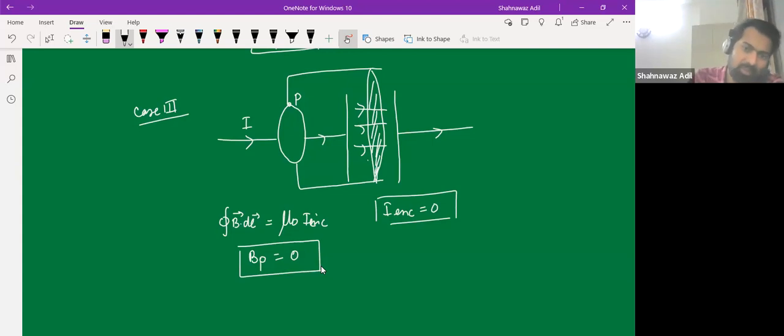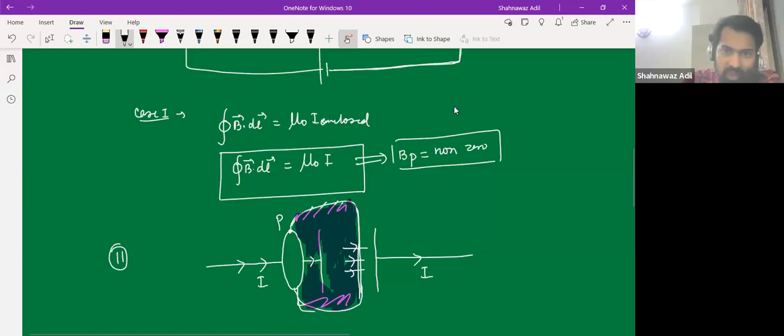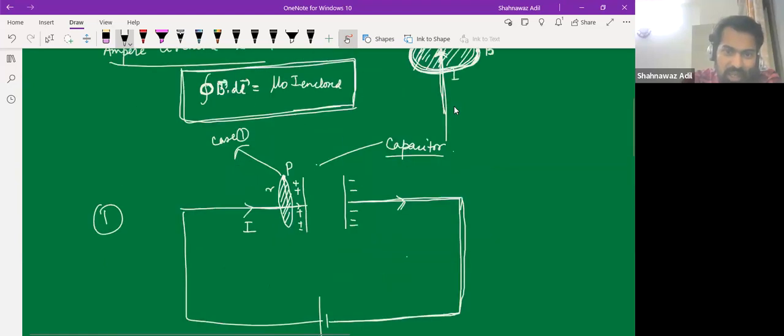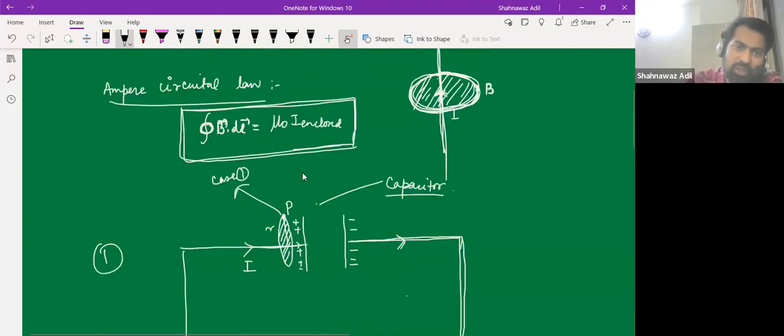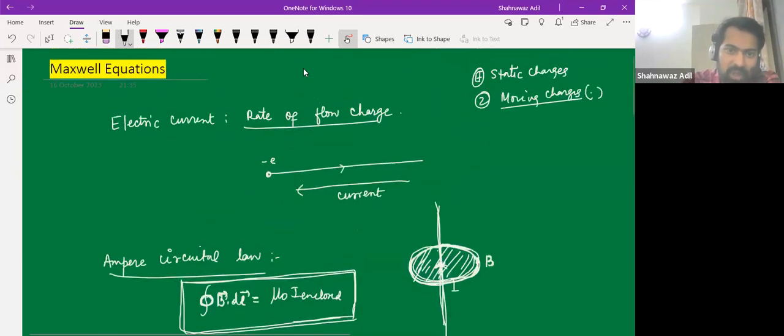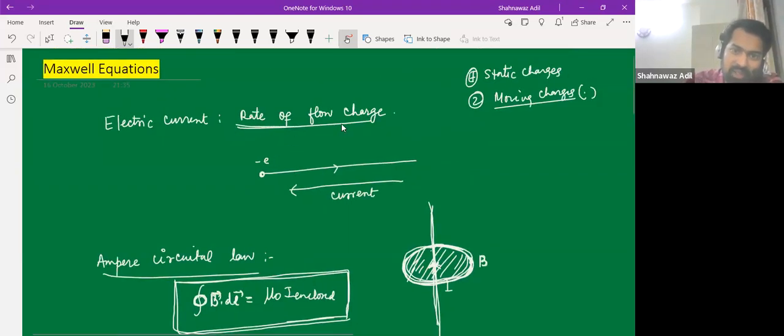So then Maxwell found out that current does not happen only when there is flow of charges.